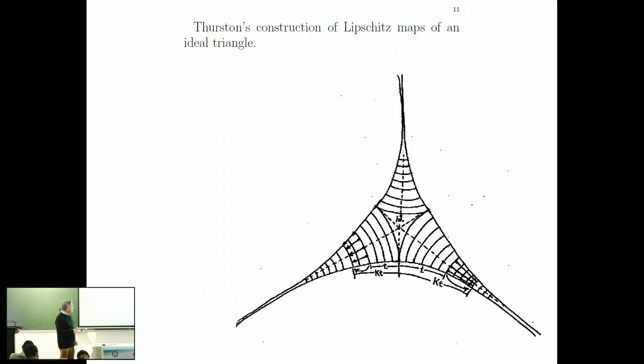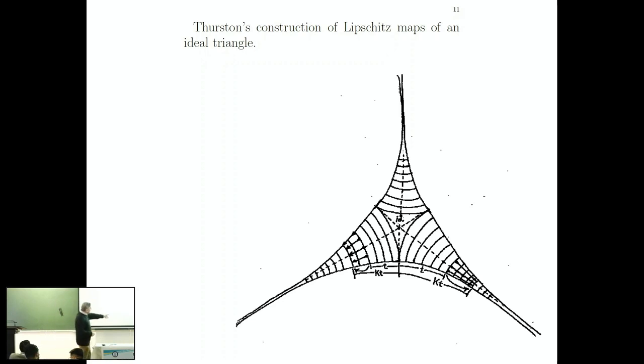You have this foliation which does not cover the whole hyperbolic triangle. It covers it except for a small region here, and it's a foliation by pieces of horocycles. Okay.